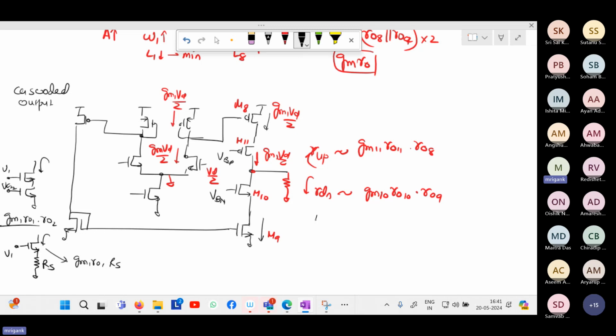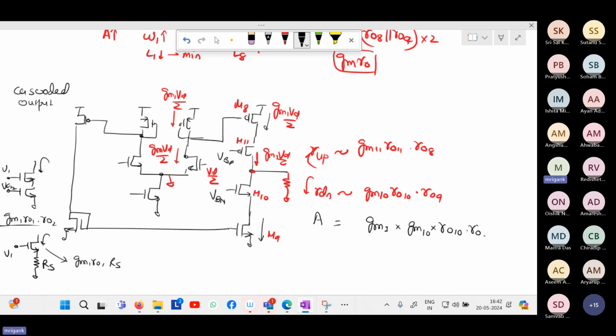So now the gain will be gm Vd by 2, or basically, first let me write. The 2 term will go away because you have both sides coming, combine them together. So you will have basically gm1 times gm of the second stage, basically the inverter, the M11 and M8 here, M10 or M11 times ro10 times ro8.